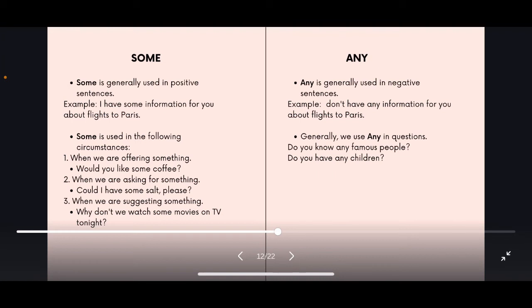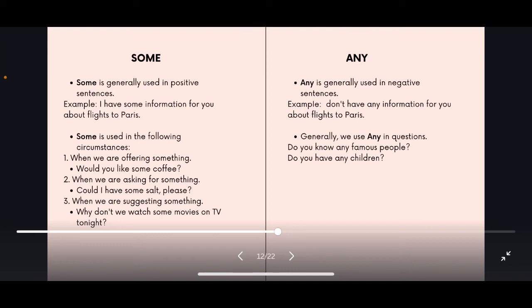When we are offering something in a question, we use some. For example, would you like some coffee? Or when we are asking for something, for example, could I have some salt, please? Or when we are suggesting something, for example, why don't we watch some movies on TV tonight? Okay? Is it clear?